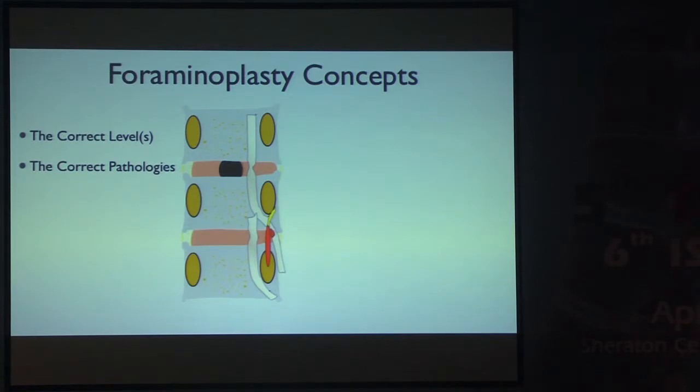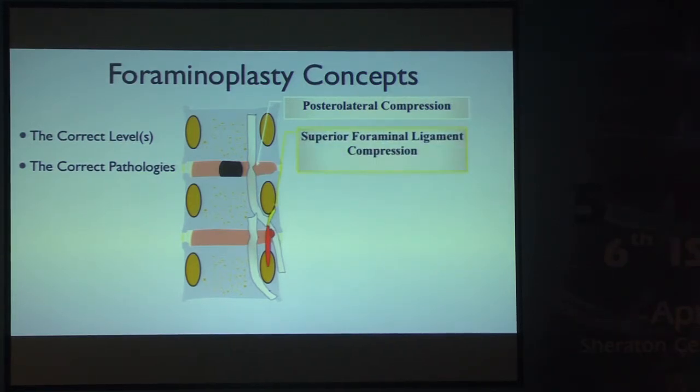So it's important to get to the correct level and then to treat the correct pathologies. So we're all brought up to look at, say, an L4-5 disc protrusion causing L5 symptoms. But more often than not, the superior foraminal ligament may be contributing or causal, as may be the ascending facet joint.